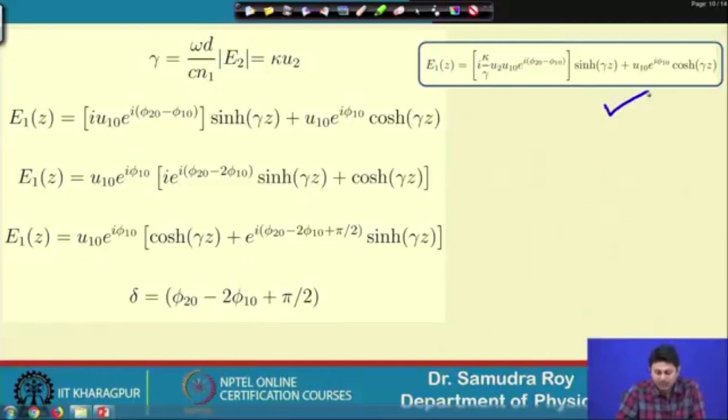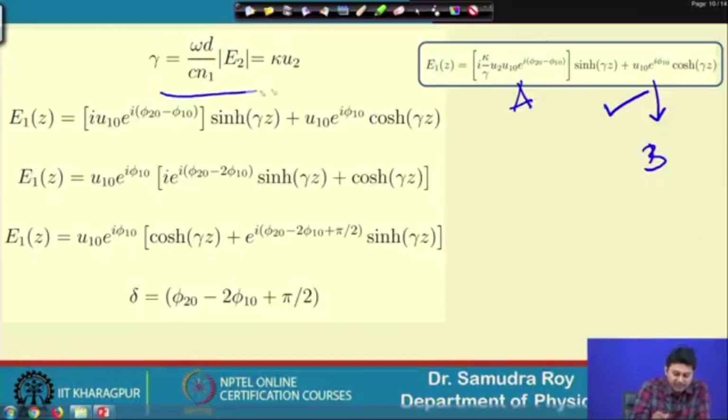So, E1 is equal to that quantity which is A and this quantity which is B, then sinh gamma z and cosh gamma z, which is the z dependent part. Now, in this, kappa over gamma u2 we can replace as 1, because in this expression we find that gamma is equal to kappa u2.